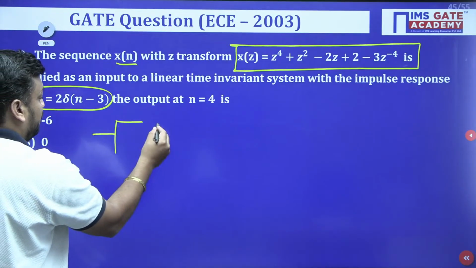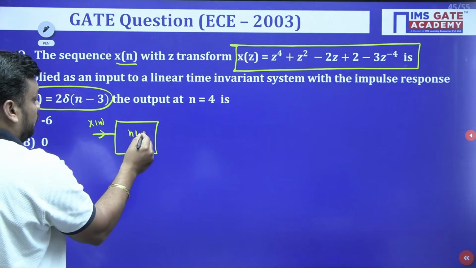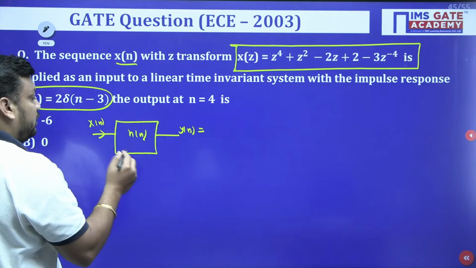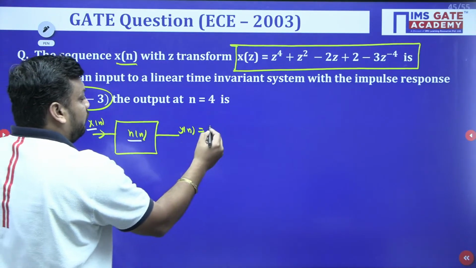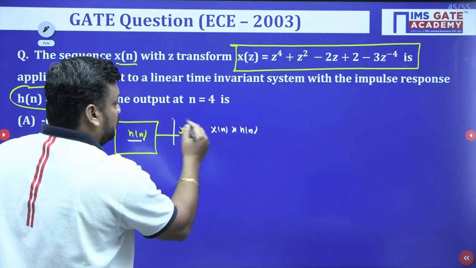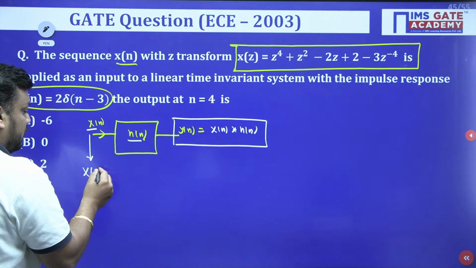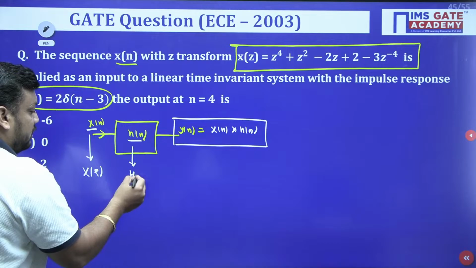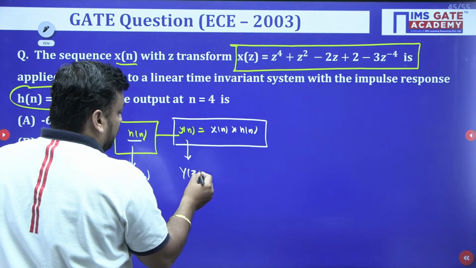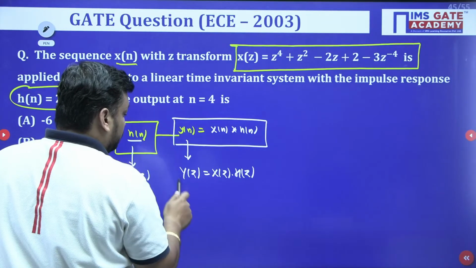In the time domain, we know that if x[n] and h[n] are given, then y[n] is x[n] convolution with h[n]. If I take the z transform, X(z) is the transform of x[n], H(z) is the transform of h[n], then Y(z) will be X(z) times H(z).